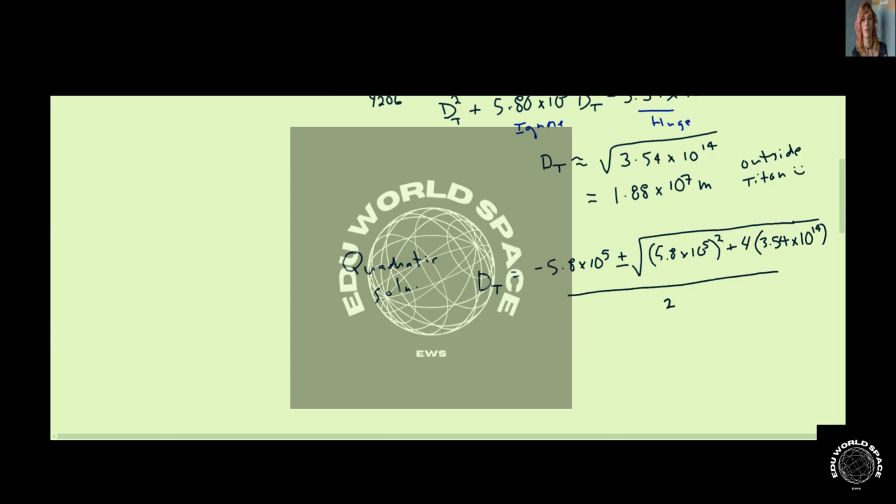All right, so one thing to realize is that the negative solution doesn't make any sense. So we can scratch that out. So we're going to choose the positive root and do the math in the calculator. And we now have a new approximation.